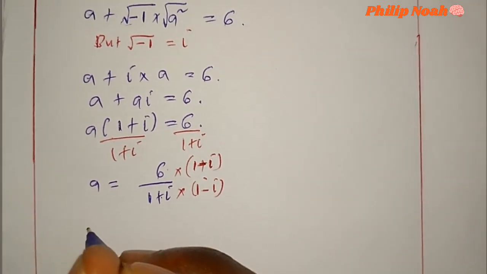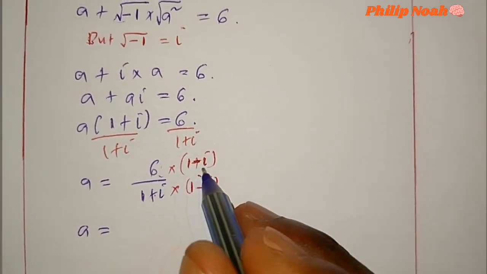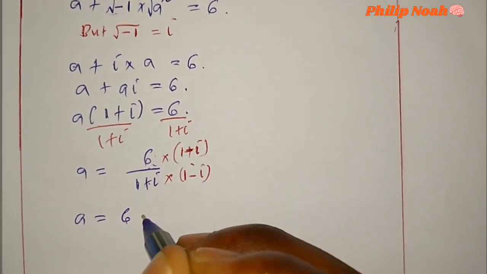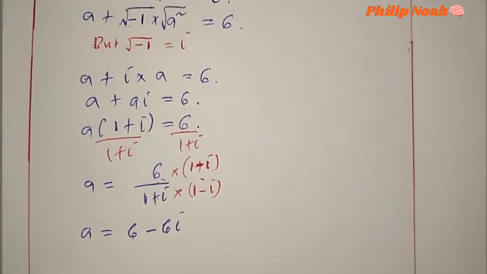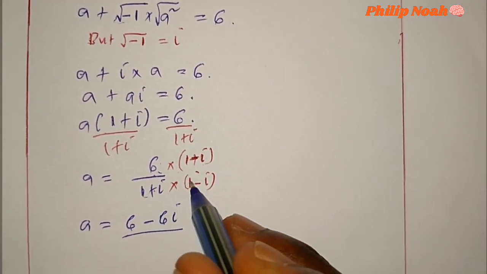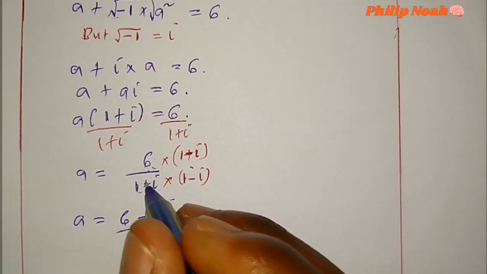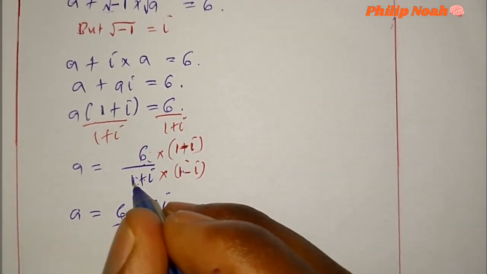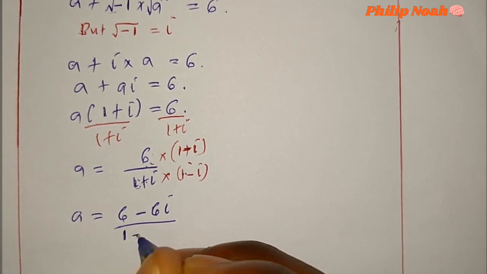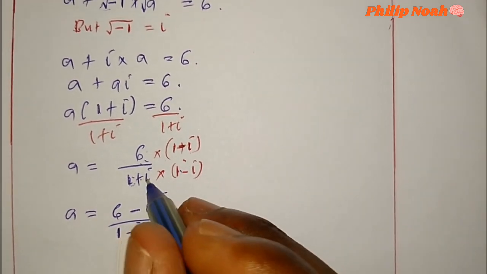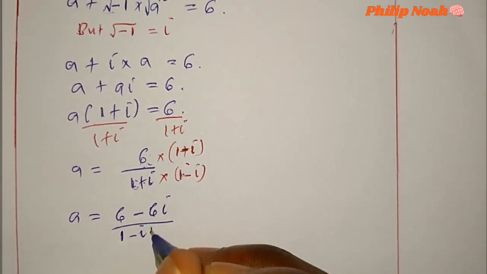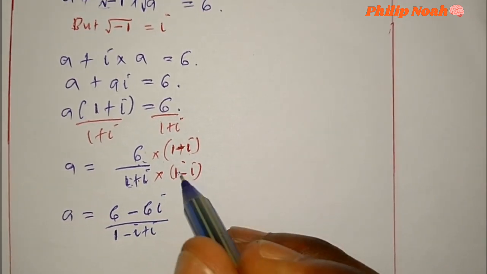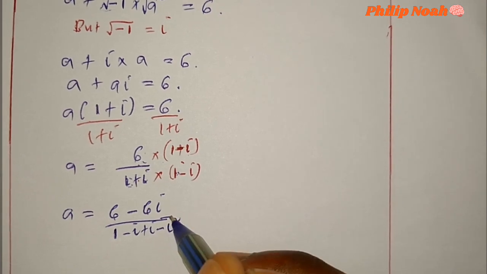So this will give us a is equal to 6 times 1, we get 6, 6 times negative i, we get negative 6i, over 1 times 1 is 1, 1 times negative i gives us negative i, i times 1 is positive i, then i times negative i is negative i squared.